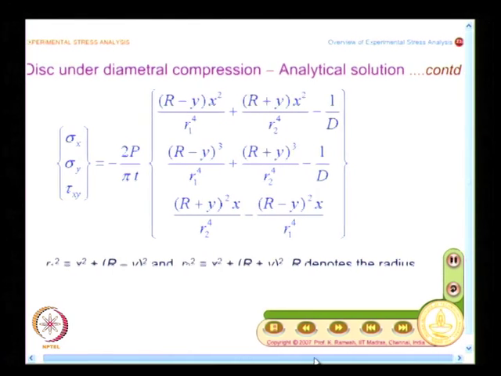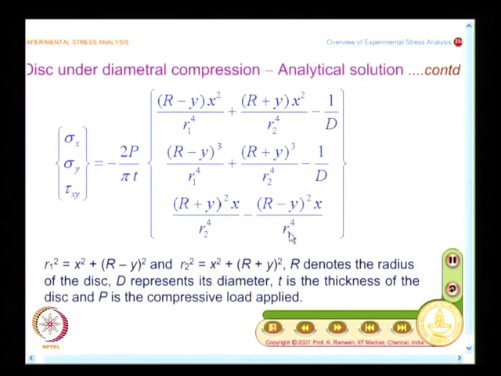Fortunately, theory of elasticity provides this solution, and here again it is given in a convenient form sigma x, sigma y, tau x y, and you have this as minus 2 P by pi t, and I would request all of you to take down these equations. Though these equations are very long, it is very valuable information.